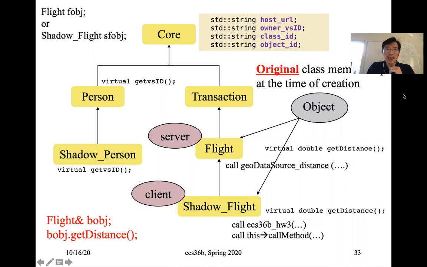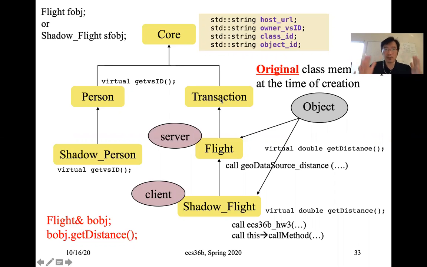Back then we didn't know inheritance, now we know inheritance, so we put what we call a parent class called core object that covers both person and transaction object.